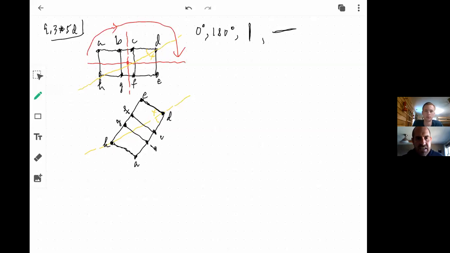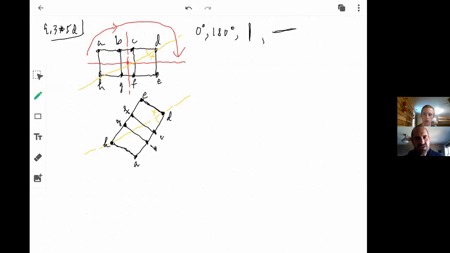So for D, that would mean going to E or to H or to A. Does that make sense? Let's just talk about A. What are some places that A could go? Well, it could go to itself. Or it could go to D, and that's what happens if I do the vertical axis flip.